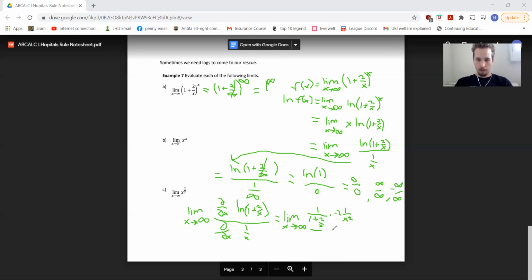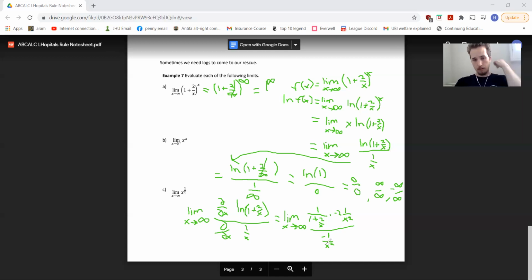And then down here, this is also 1 over x, and we get negative 1 over x squared. You could write this as negative 1 times x to the negative 2, or you can write it as negative 1 over x squared.